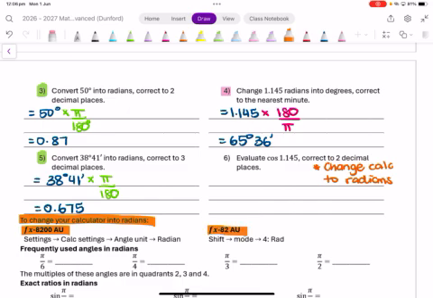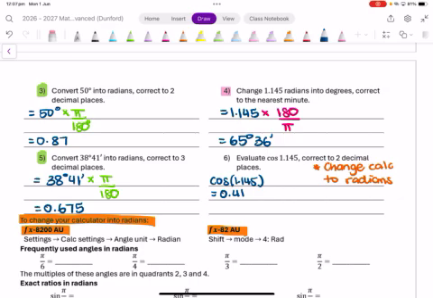If you have the old one, you just go shift mode 4. What you should have on the top of your screen is a little R. That means that you're in radians. When we put cos 1.145 into our calculator, we're going to get 0.41. If you still had it in degrees mode, you'd get 0.999. So we need to make sure we change our calculator into radians.